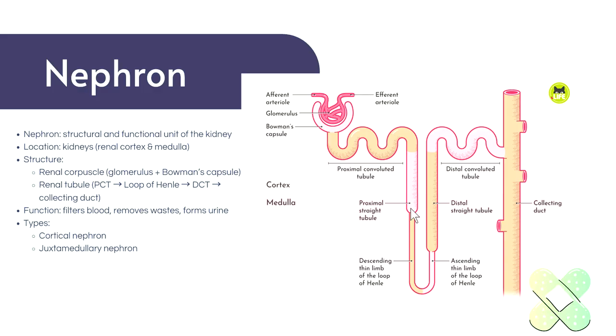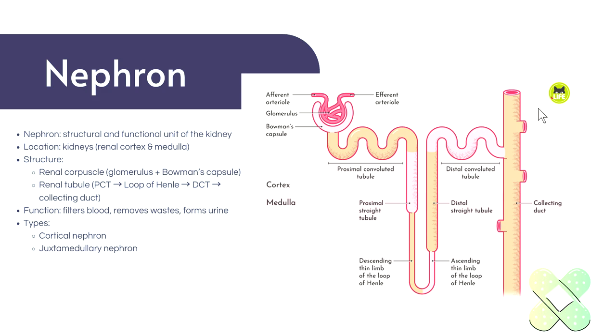Then we have the loop of Henle, which is divided into two parts. We have the descending limb of the loop of Henle, then the ascending thin limb of the loop of Henle, and then we have the thick ascending loop of Henle. Afterwards, we have the distal convoluted tubule, and in the end, we have the collecting duct.